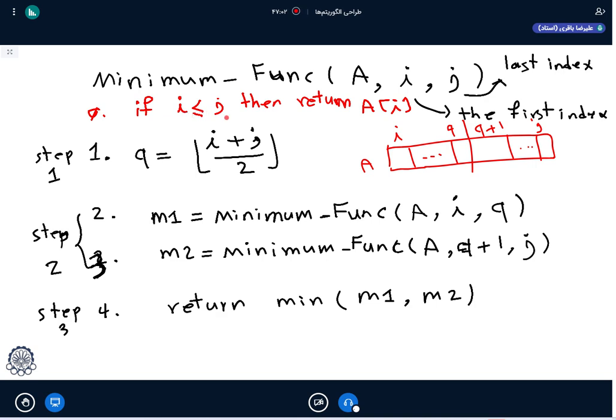The stop condition is that we have only one number in the array, when the first index and the last index become equal. So I put the stop condition in the first line of the algorithm. If I is greater than or equal to j, then we return the only number of the array as the solution, and we do not do recursive calls anymore.